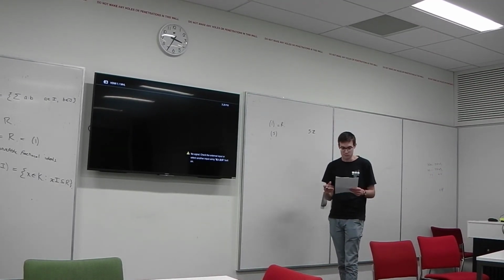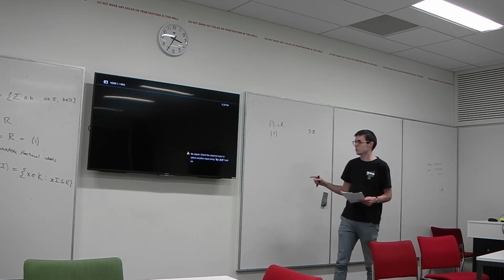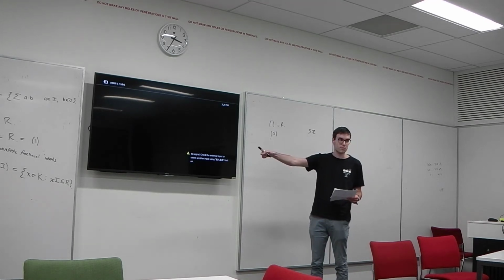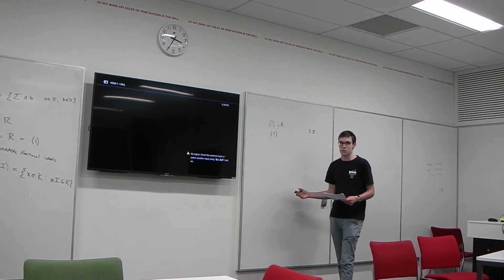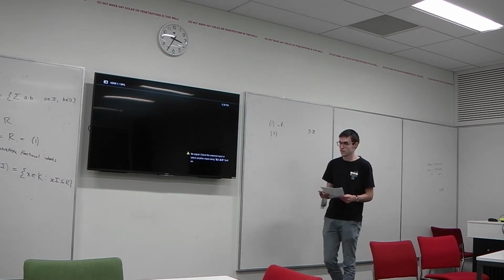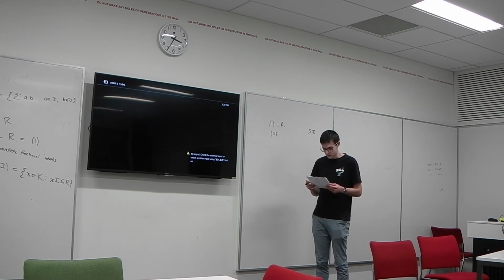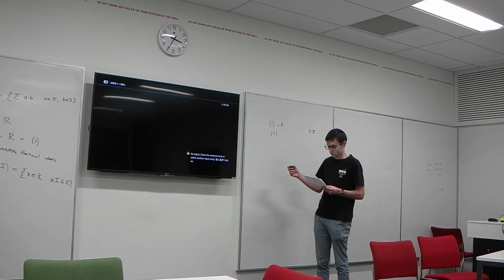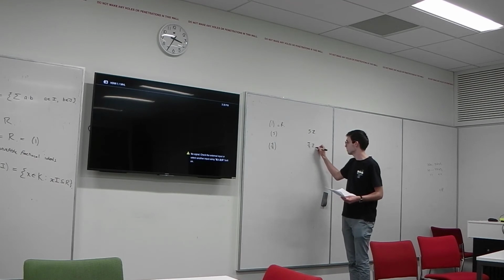They're just fractional ideals generated by a single element. It turns out that the set of principal fractional ideals is a subgroup of this group of invertible fractional ideals. All principal fractional ideals are invertible, and they're closed as well. A principal fractional ideal will look something like this, but it won't be an integer. It'll be maybe like 5 over 4, and that would give you this 5/4 Z that we have.